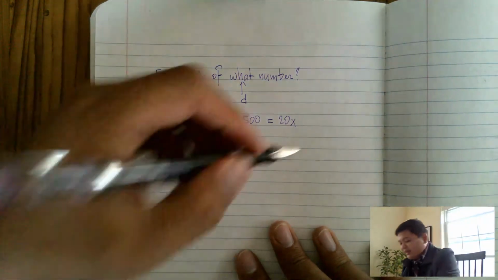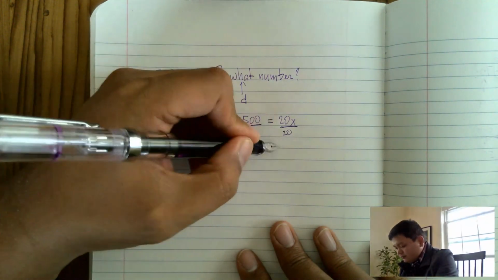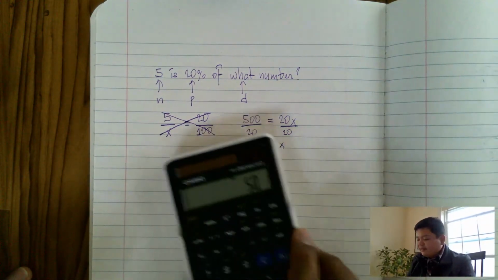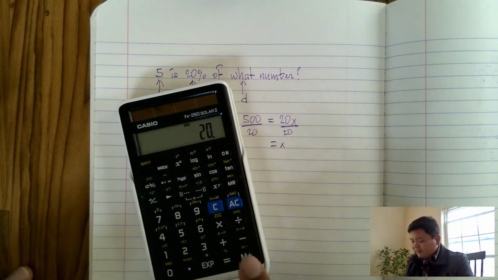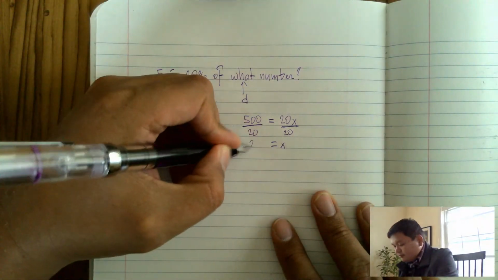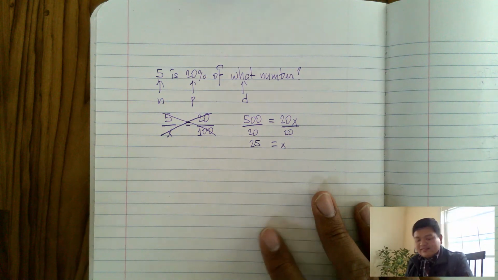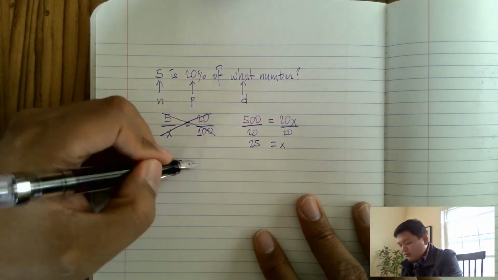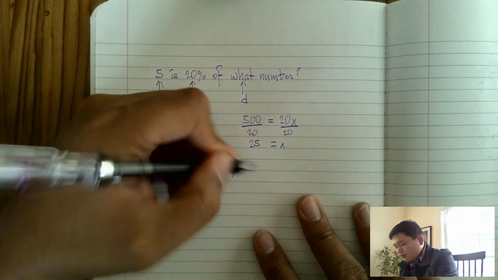Dividing 500 by 20 gives us that x should be, alright, well, let's try this. 500 divided by 20 gives us 25. So the completed sentence is 5 is 20% of 25.